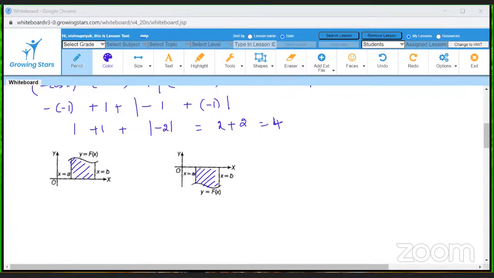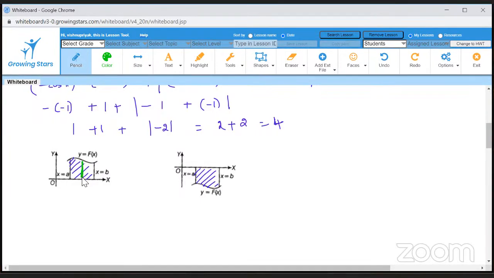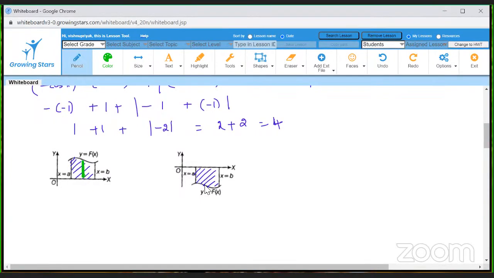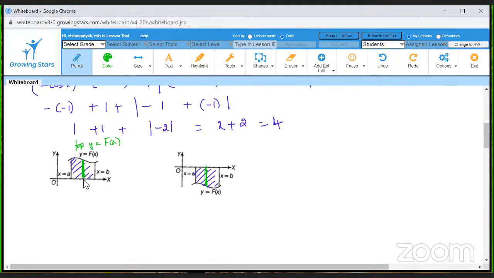If you want to see all these mods and all, you can see, no problem. But the easy method to remember is draw one line in the center here or here. The top of this line is the curve y equal to f of x.